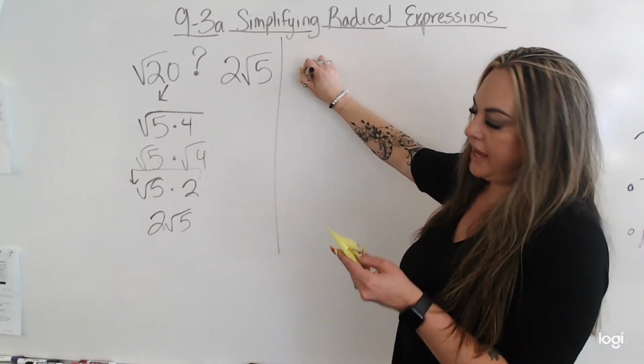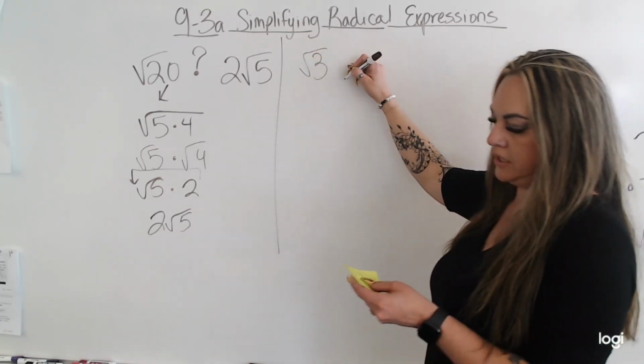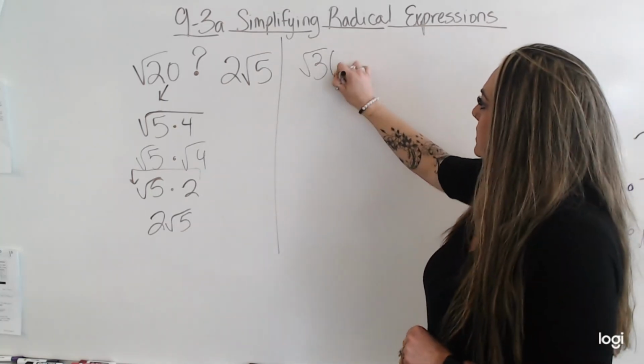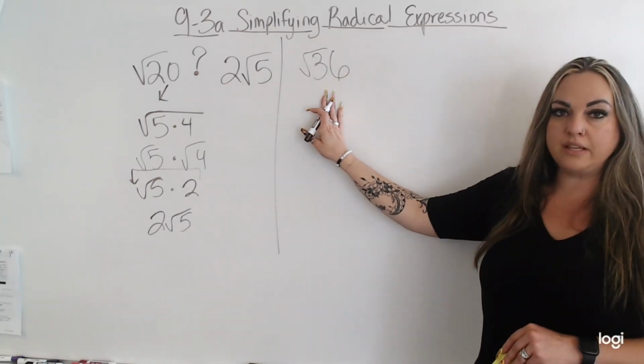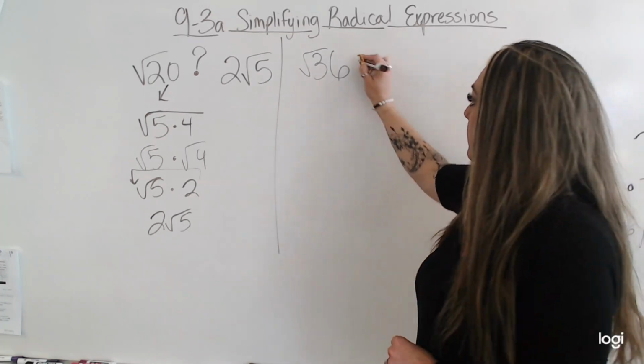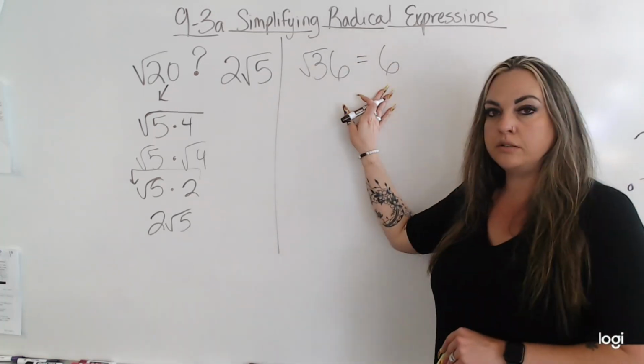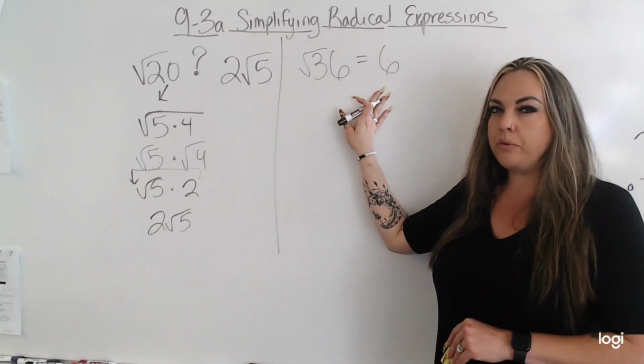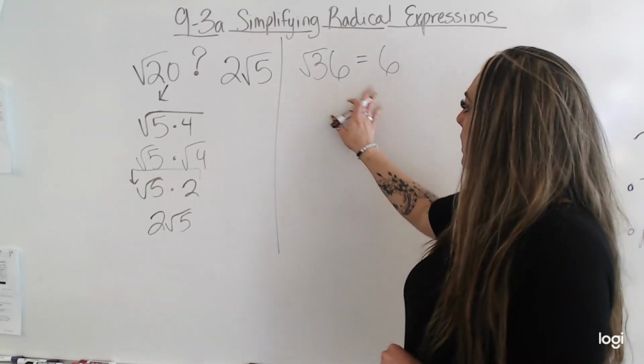We'll look at the square root of 36. Now, we know that this can most simply be written as just a 6, right? There's another way we can write it too.